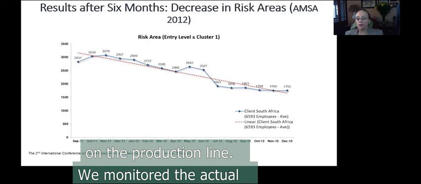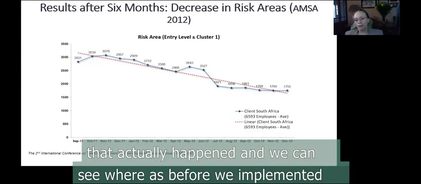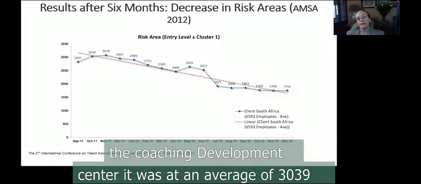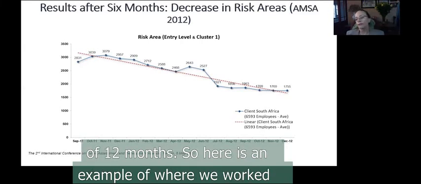What we monitored here was the incidence of risk incidents, in other words, accidents that actually happened. Before we implemented the Coaching Development Center, it averaged 3039, and we brought that accident rate down to 1755 in 12 months.